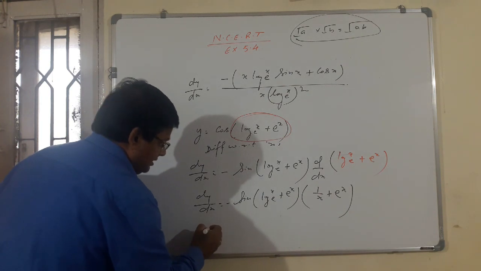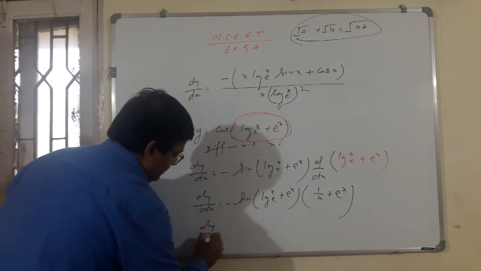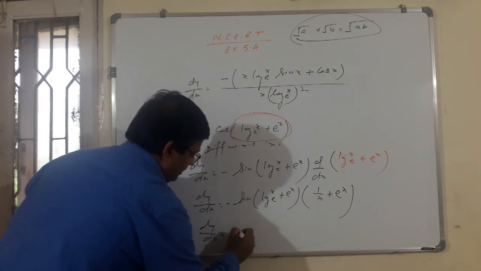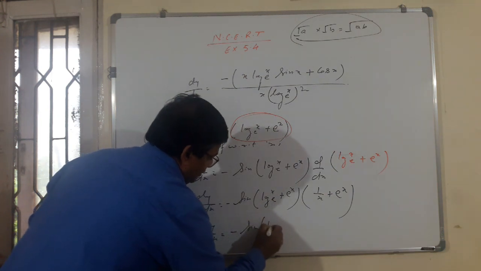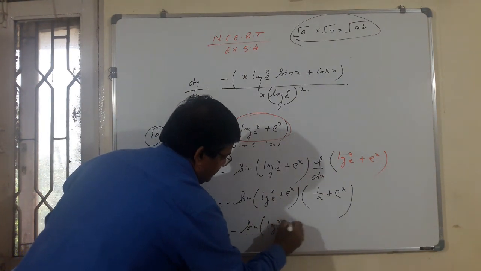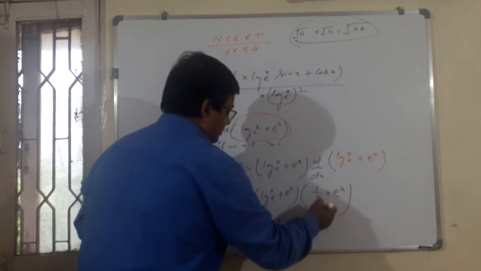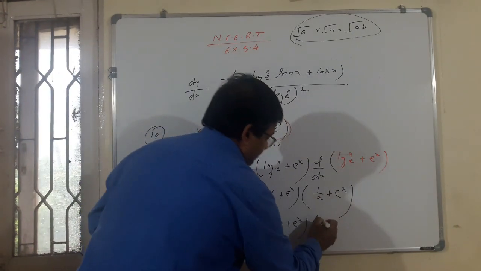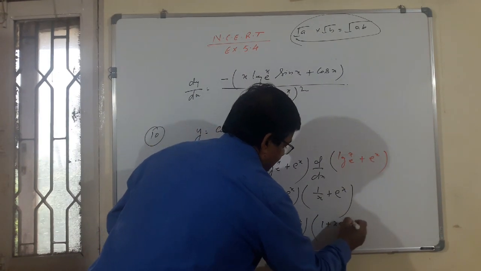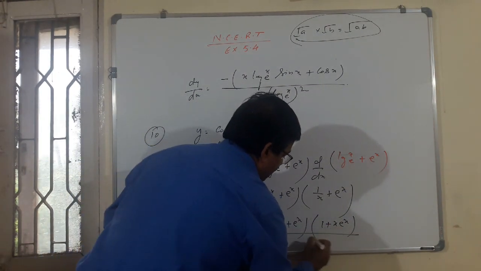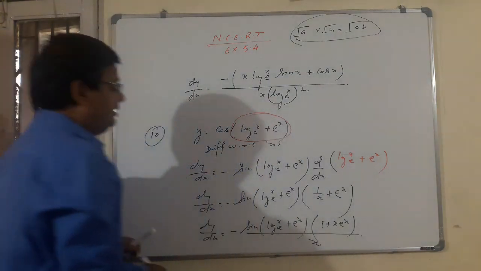So this is the answer. Dy by dx is equal to minus sin of log x to the base e plus e to the power x, into, if you want to write it like this, 1 plus x e to the power x divided by x. This is the answer.